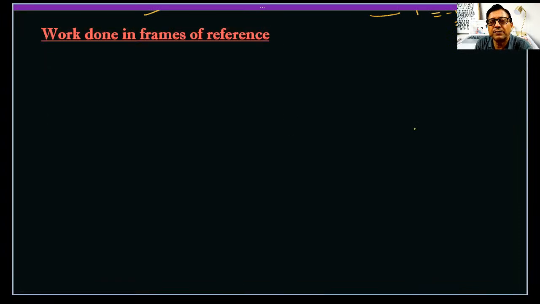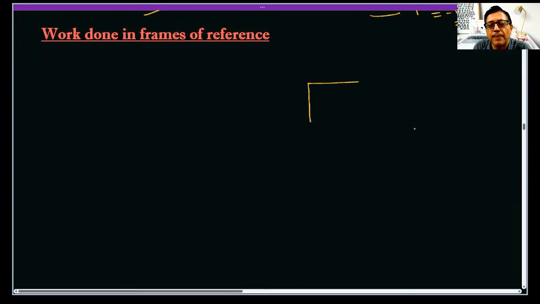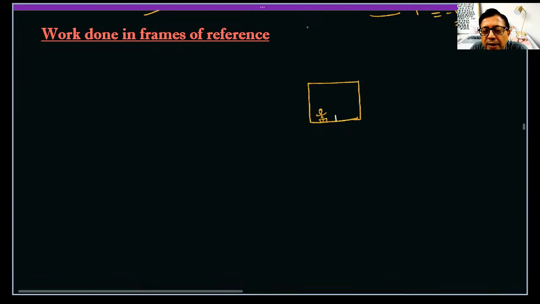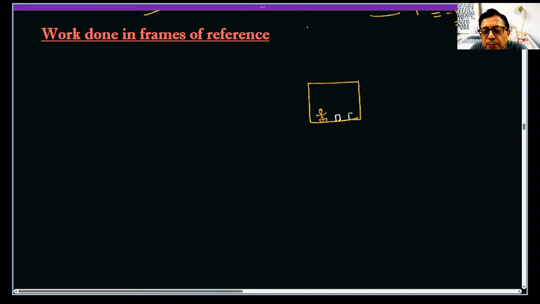You are standing here, displacing an object to take it from point A to point B. This displacement you have given, say, x.